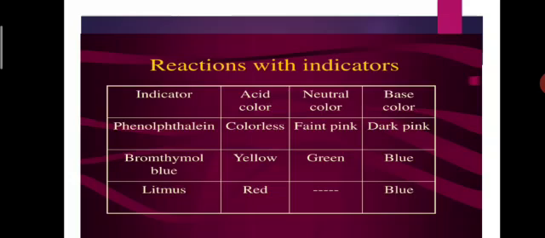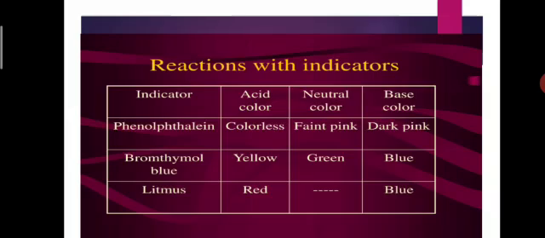Now students, this is our table. In this table they are giving you the reactions with indicators: what color each indicator gives in the presence of acid, in the presence of base, and in neutral solution.